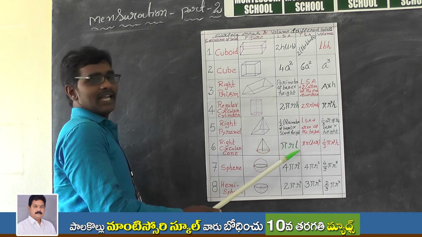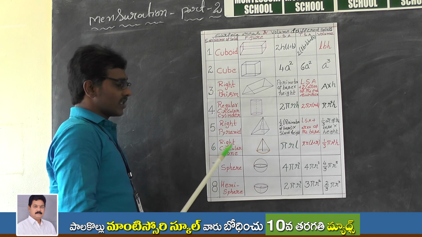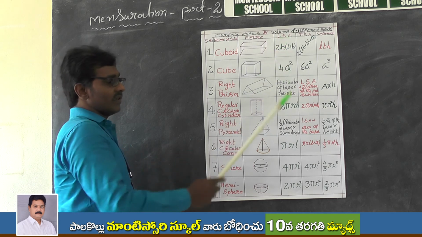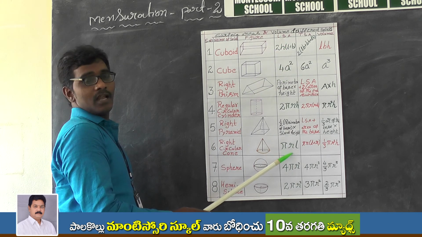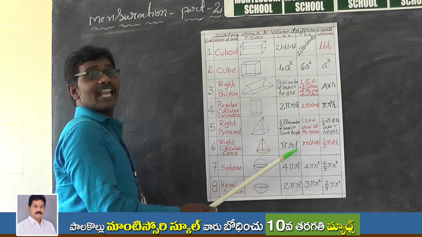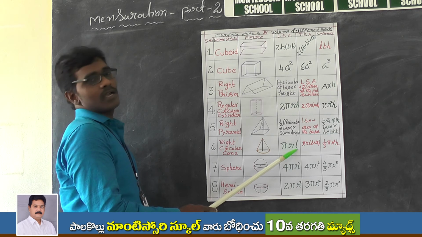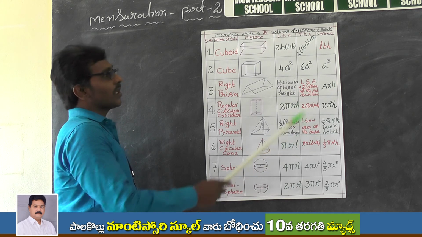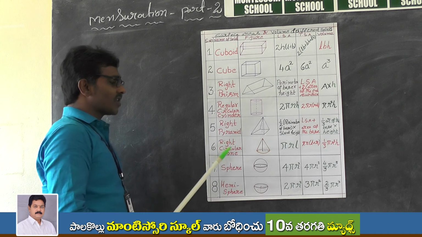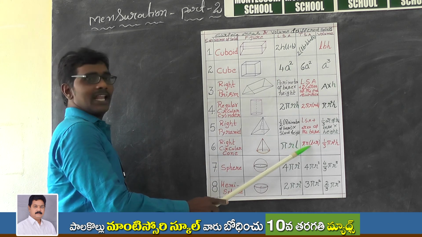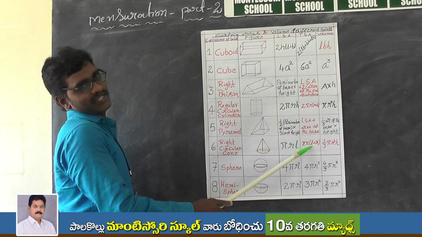So what is the right circular cone lateral surface area formula? Pi R L. How to find L? L square is equal to H square plus R square. Next one, total surface area of the right circular cone: pi R L plus pi R square, that is, pi R of (L plus R).